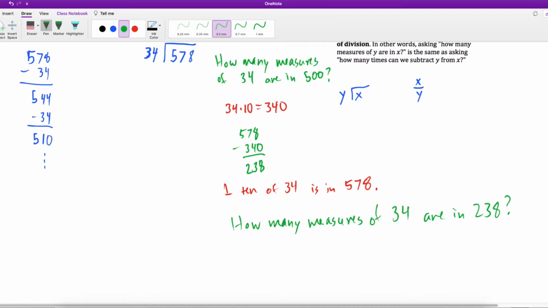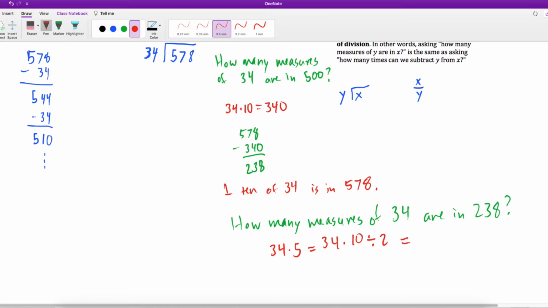Well, it's definitely less than 10, and so what I like to do is pick an easy number to start with. I'm going to pick 5. 34 times 5, well, that's the same thing as 34 times 10, and then divide that by 2, because 5 is 10 divided by 2.